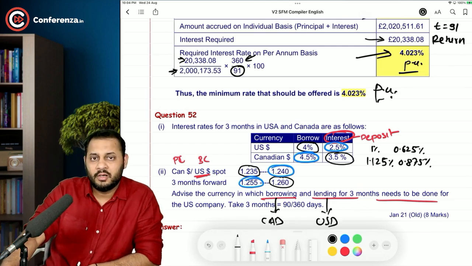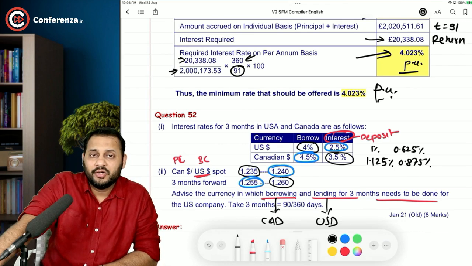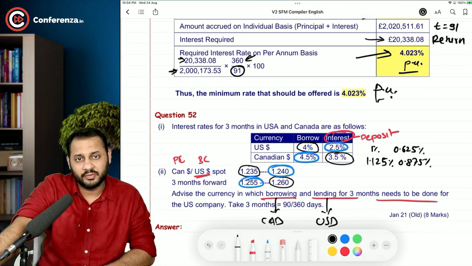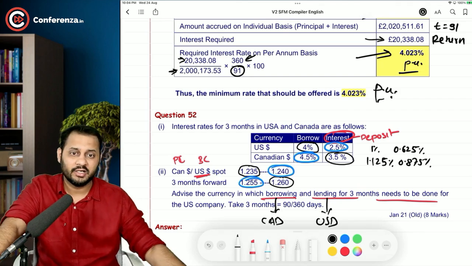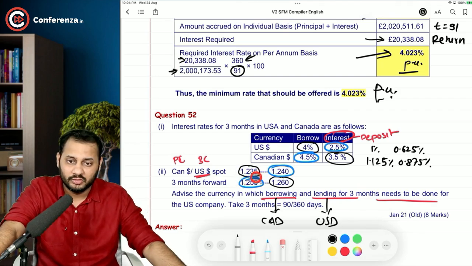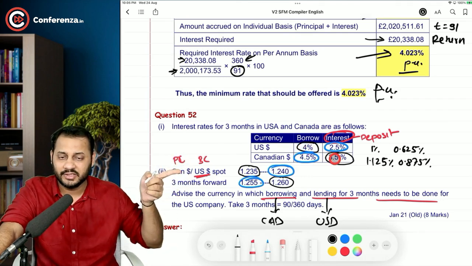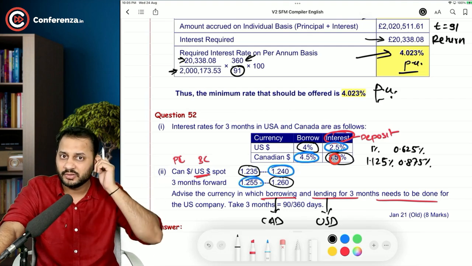Simple, sir. If you want to do it our way also, the other way, which is interest rate differential and the premium and discount, you can do that. But for that purpose, you have to take all those rates. The two interest rates will be applicable. The black circle rates will be applicable in one case and the blue circle rates in the other case.